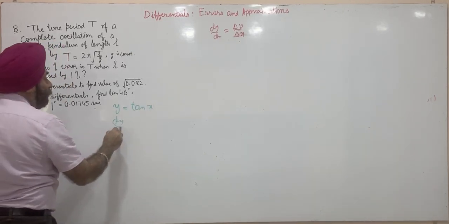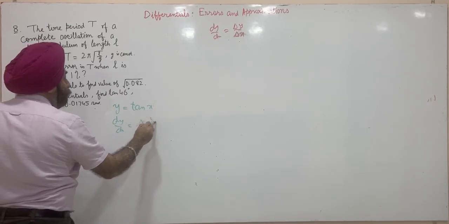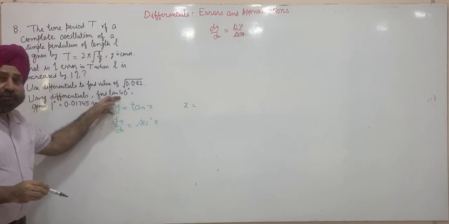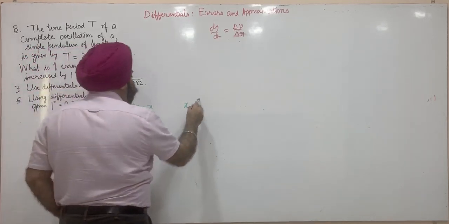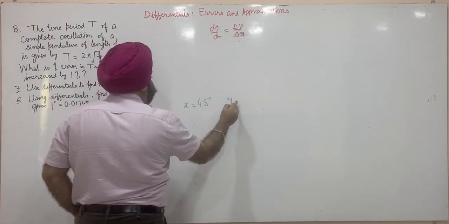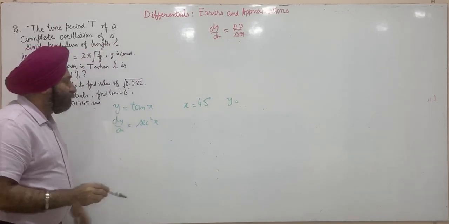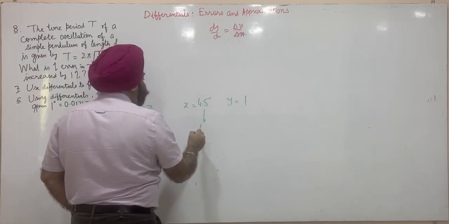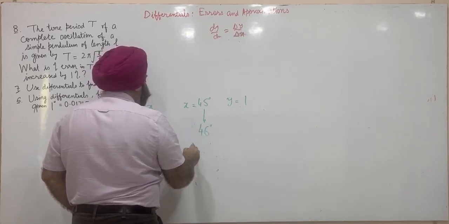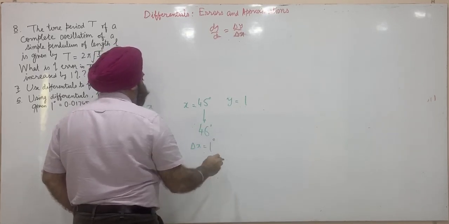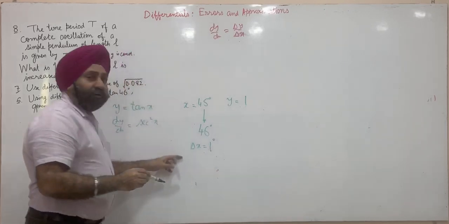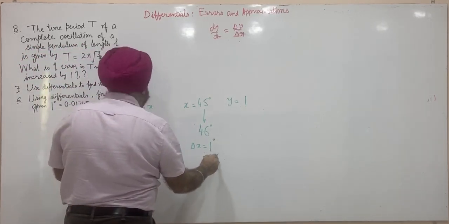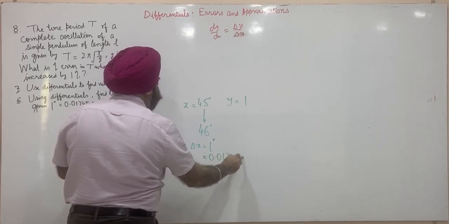To find dy by dx, it's secant square of x. We choose a value of x which is very close to this, which is 45 degrees, and the corresponding value of y, tan 45, is 1. x goes from 45 to 46 degrees, so delta x is 1 degree. Change in value of x is 1 degree, that is 0.01745 radians.